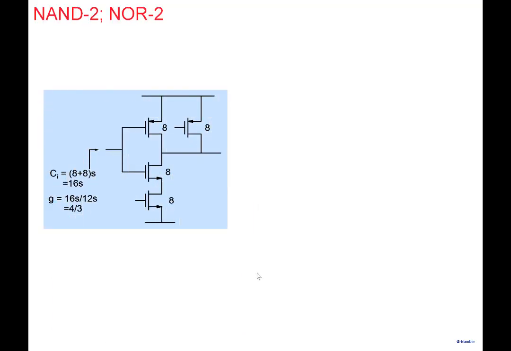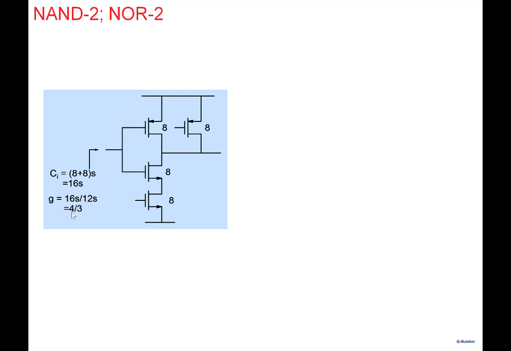So when we go to a NAND 2, again we have to make the gate of the same size, same strength as 1x. So we make this 8 and 8, and under worst case condition each one of them remains 8. Input capacitance is proportional to 8 plus 8, which is 16, and 16 divided by the input capacitance of an inverter, 12, gives 16 by 12.